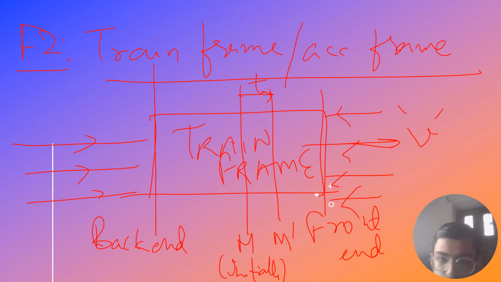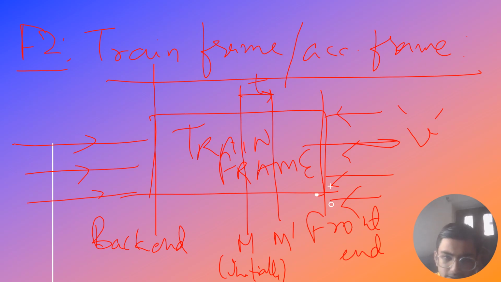So it's very obvious that the lightning which struck at the front end will reach this midpoint in less time than the same from the back end, right?